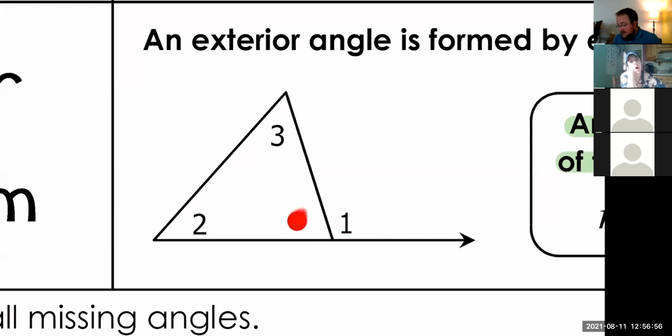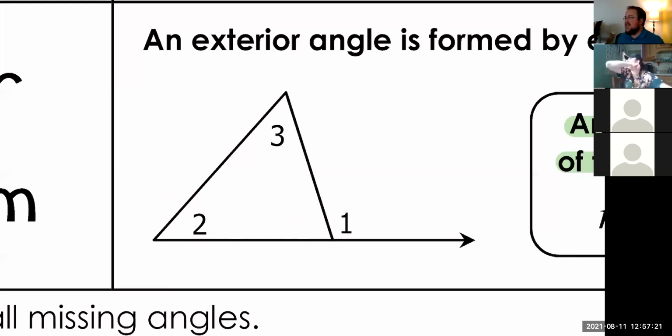The common piece that the two relationships have is this one. When you remove it, that's telling you that basically this must equal this, because these all equal 180. This equals 180. Remove the common piece, those two must then be equal.